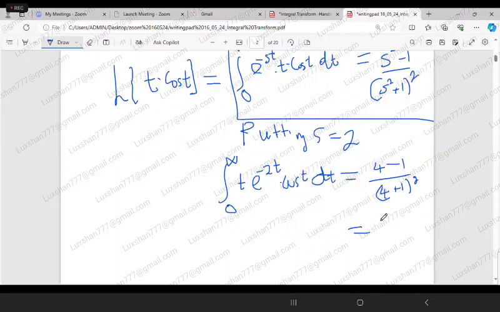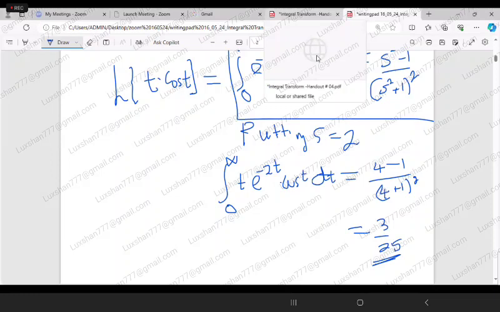Which is equal to 3 over 25. You understand this? So this is one of the applications.